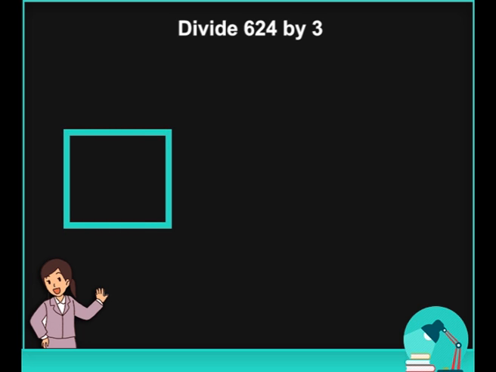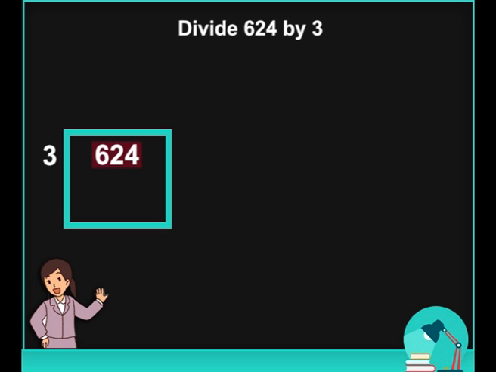Let us take one more example and divide 624 by 3. First of all, we set up the box. After setting up the box, place your divisor 3 outside the box and your dividend 624 on the inside, nearly touching the top. For the next step, we need to find a large enough multiple of the divisor to subtract from the dividend.